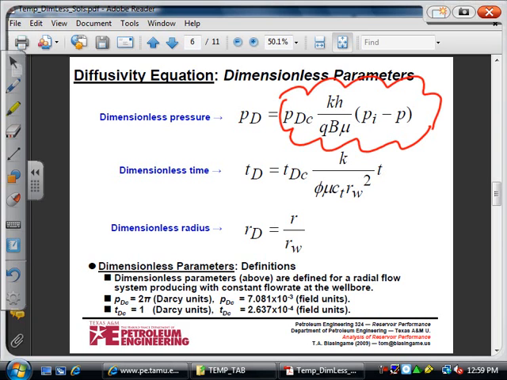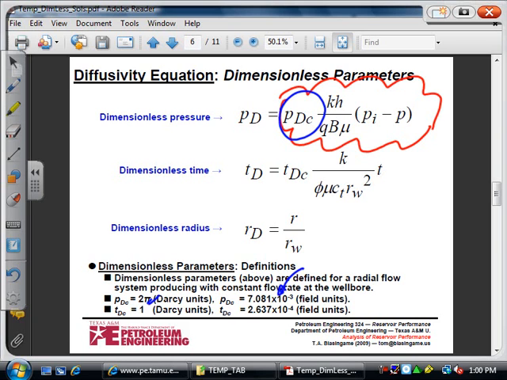If you have constant flow rate at the wellbore, this will be your dimensionless pressure value. And this PDC is the unit conversion term. So if you are using Darcy units, which you are not going to use, it's equal to 2 pi. But if you are using field units, which you are going to use all the time, then it's equal to this number. Okay?